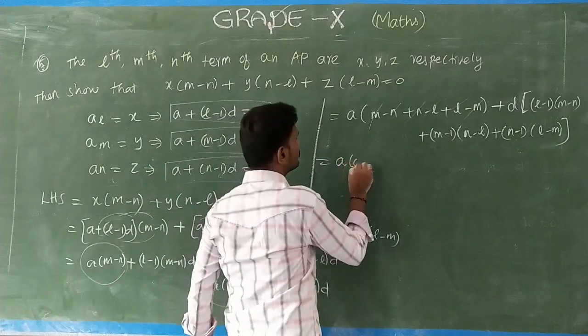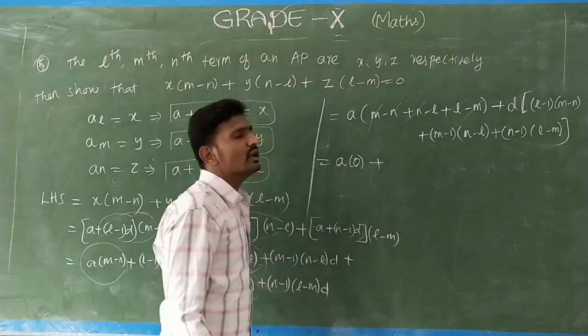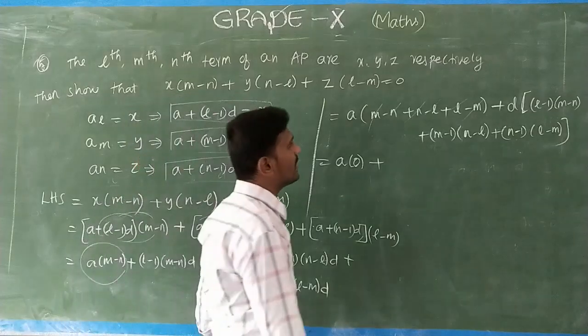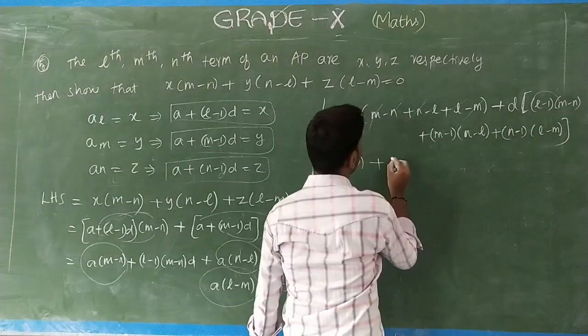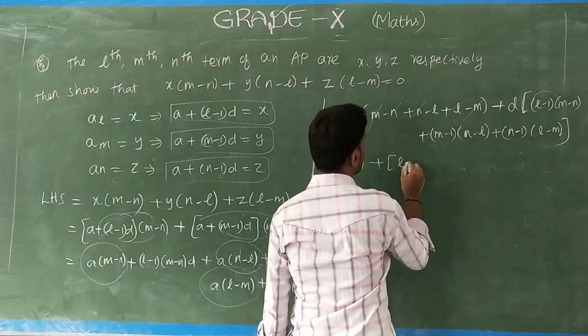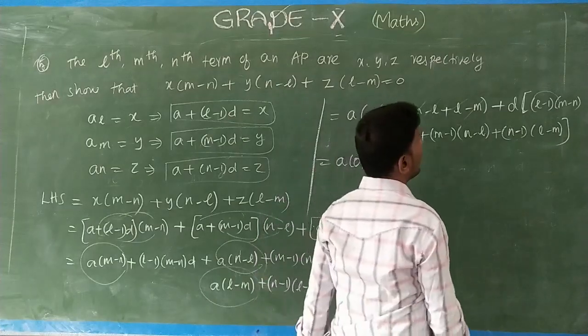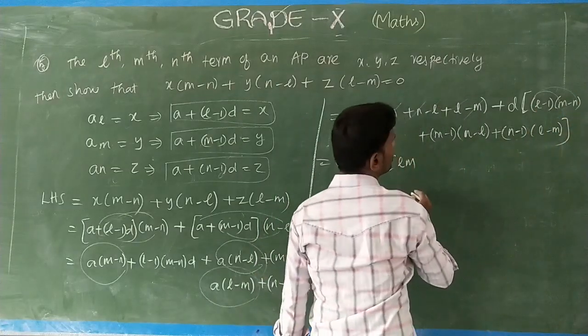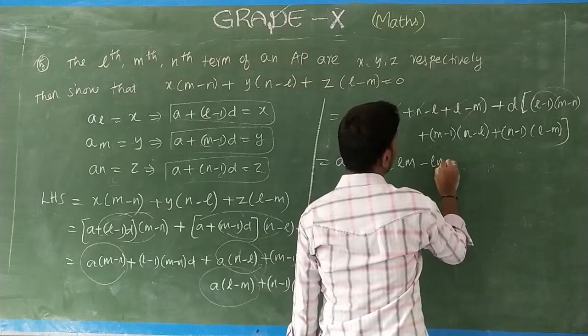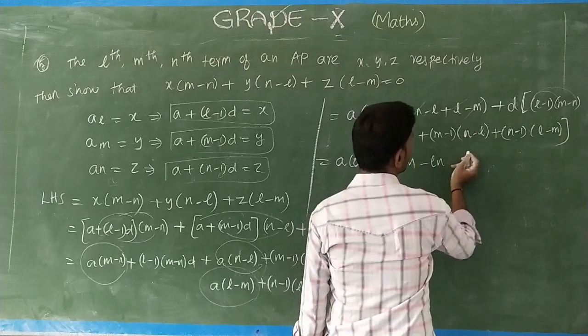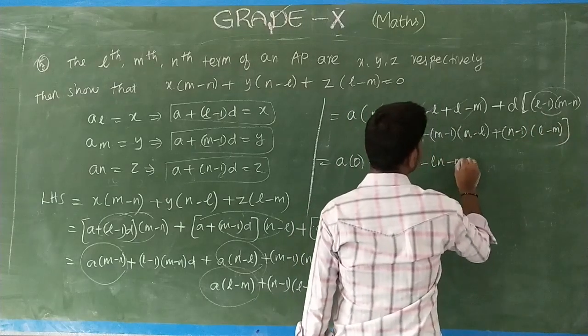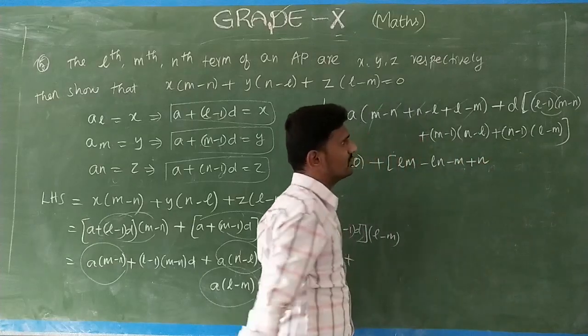So a into 0 plus, so here also I am going to multiply inside the bracket to get l into m, what will come? lm. Okay, and l into minus n, what will come? Minus ln. Plus, and then minus 1 into (m minus n), minus m plus n.